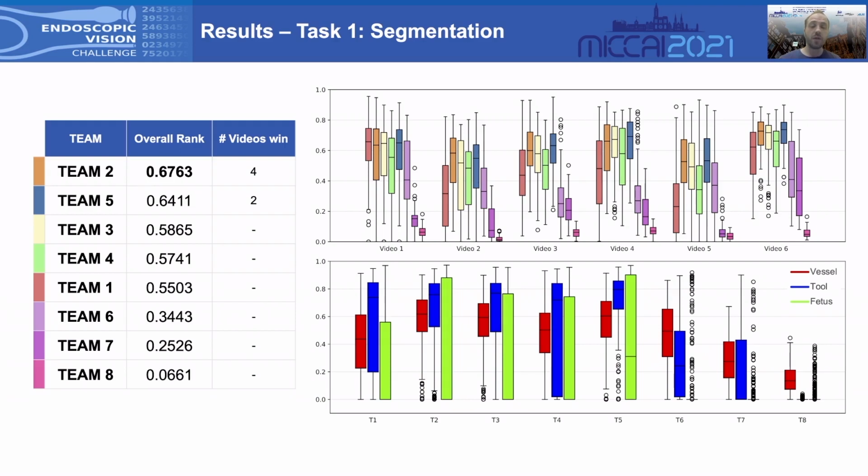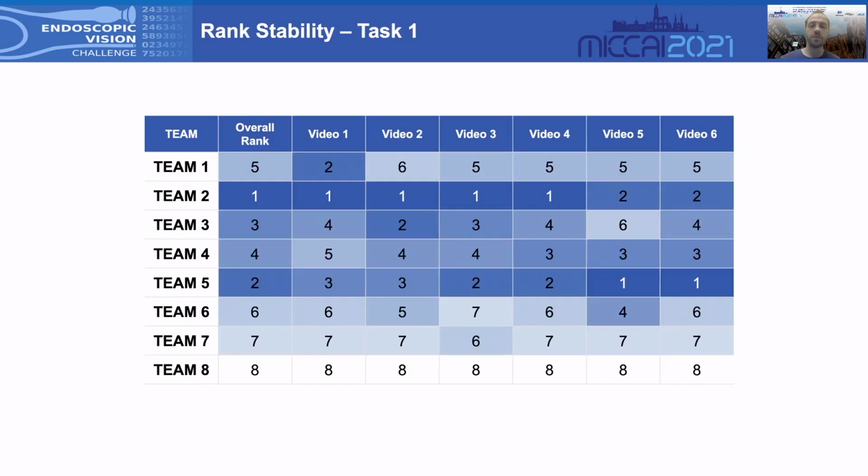For time reasons, I can't go into details here, but it's worth noticing the high performance variability on each video and for each class. This can be further noticed in the rank stability. Except for Team 8, all teams' rankings were switching depending on the video. Team 7's ranking switched only for one video.